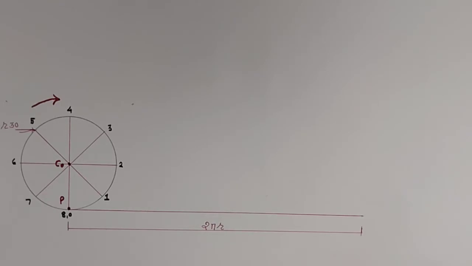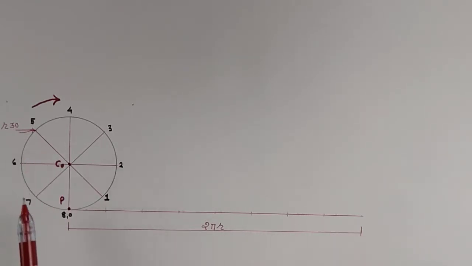Now what we do? Now we divide this straight road in number of 8 parts. If you divide your circle in number of 12 parts, then you can divide your straight road in number of 12 parts.